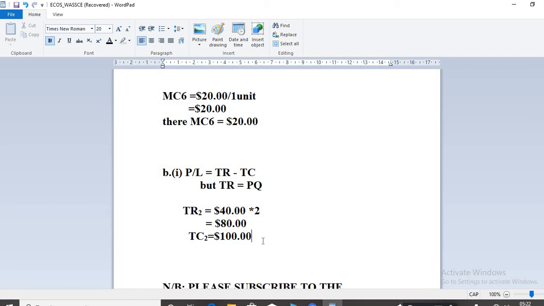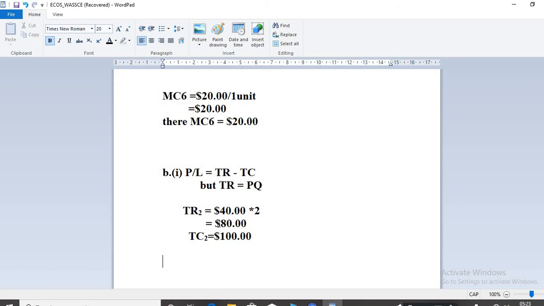I forgot to tell you this before we moved on. We get a profit whenever the total revenue is greater than total cost. The reverse is true for loss. Whenever total cost is more than total revenue, then we are making a loss.